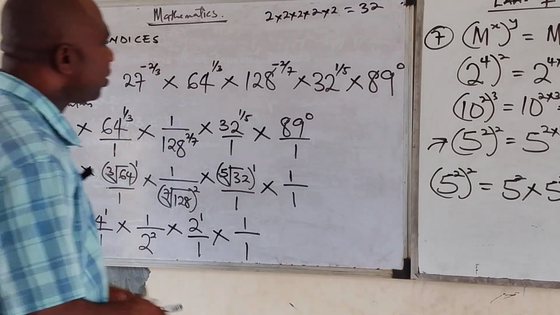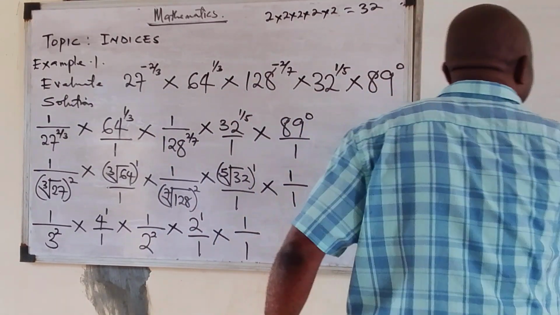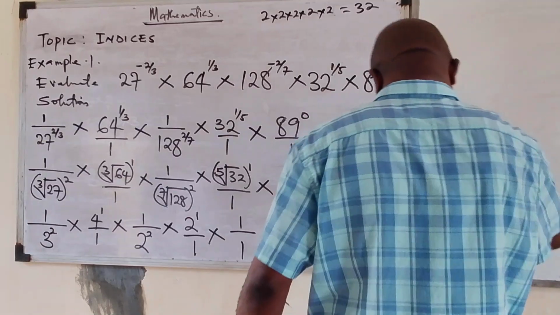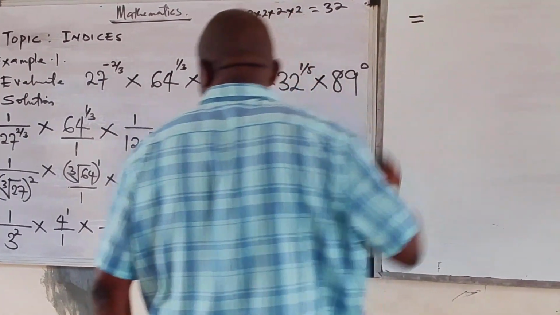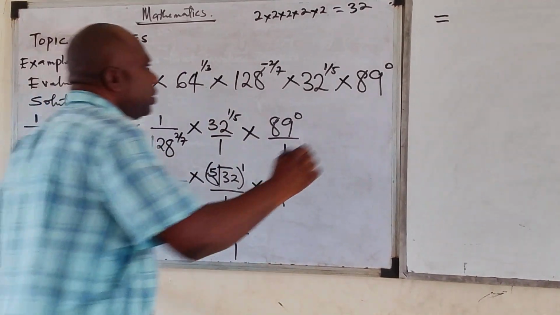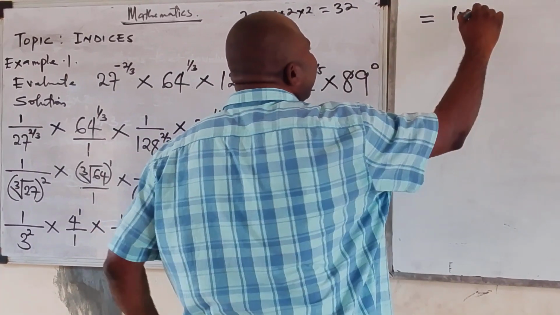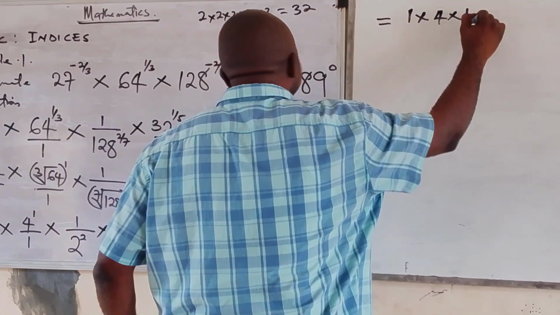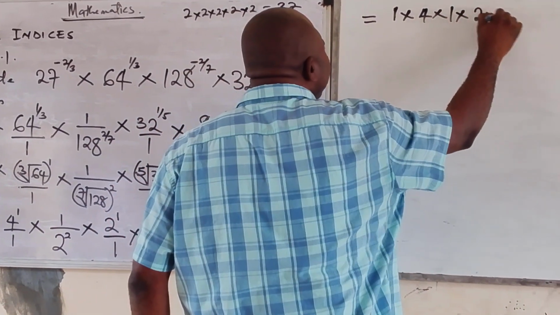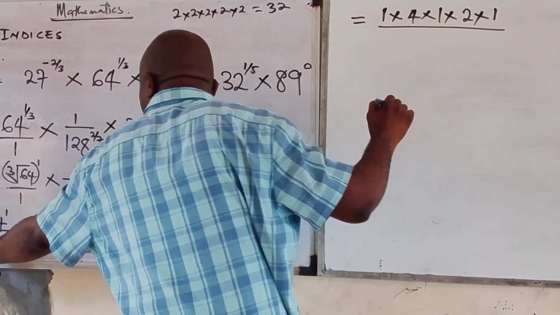Now, in this case, the value we'll have will be equal to, let's do it here, 1 times 4 raised to the power of 1, which is 4, times 1, times 2 raised to the power of 1, which is 2, times 1, all over 3 power 2.